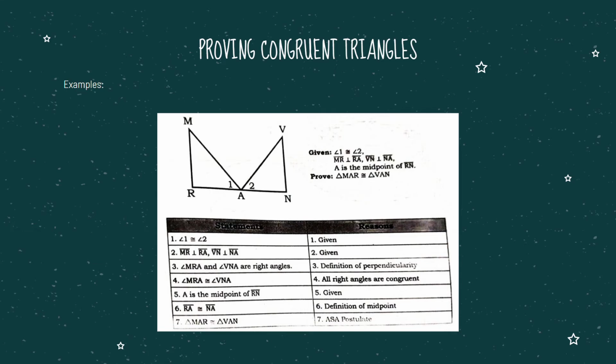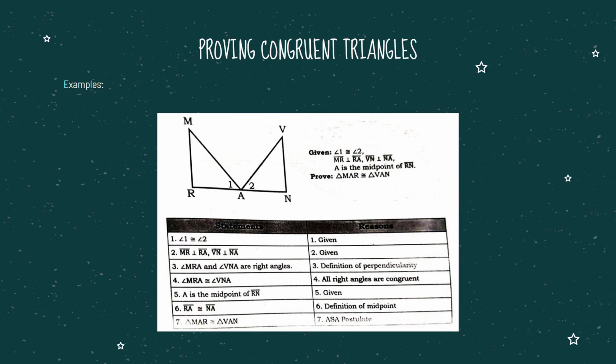First statement, angle 1 is congruent to angle 2, for the reason that it is the given. Number 2, line segment MR is perpendicular to line segment RA, and line segment VN is perpendicular to line segment NA, for the reason that it is a given.